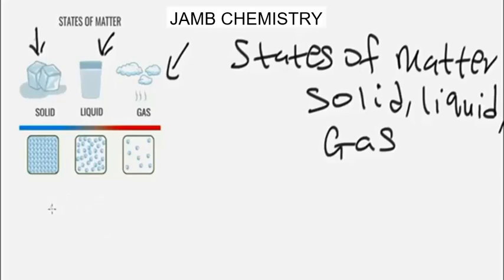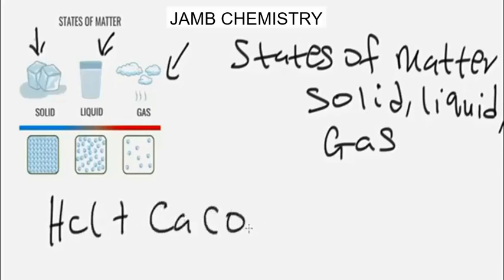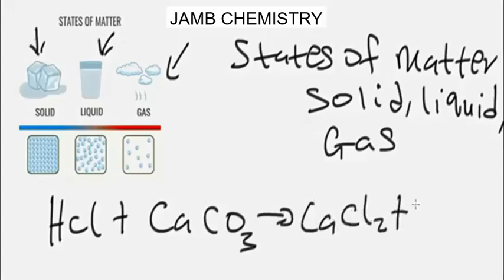We have hydrochloric acid reacting with calcium carbonate to form calcium chloride plus water plus CO2. Now the balanced chemical equation is this.